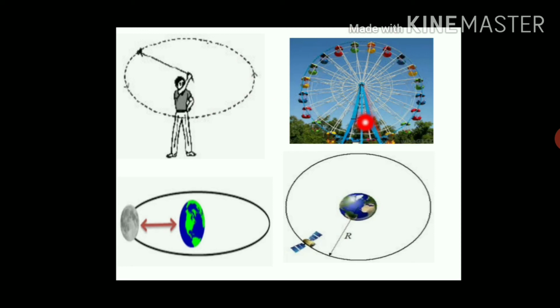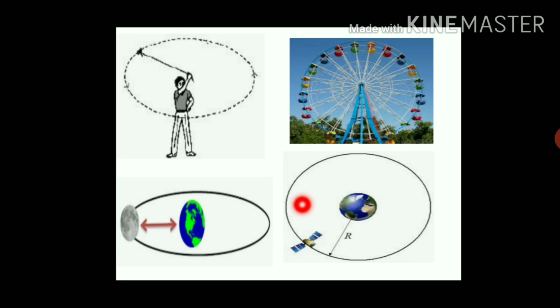Here the giant wheel is shown. In these pictures, artificial satellites are revolving around Earth in a circular path. Here the Moon revolves around Earth. Also Earth revolves around the Sun.